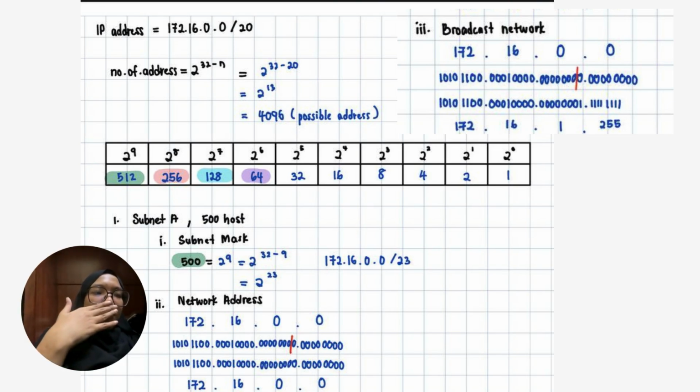For the last usable IP address, we take it from the broadcast address, which is 172.16.1.255, but we need to subtract 1. So now it will be 172.16.1.254.